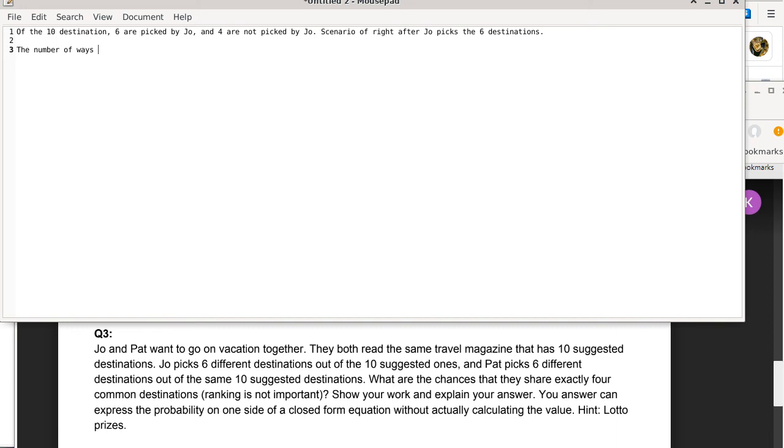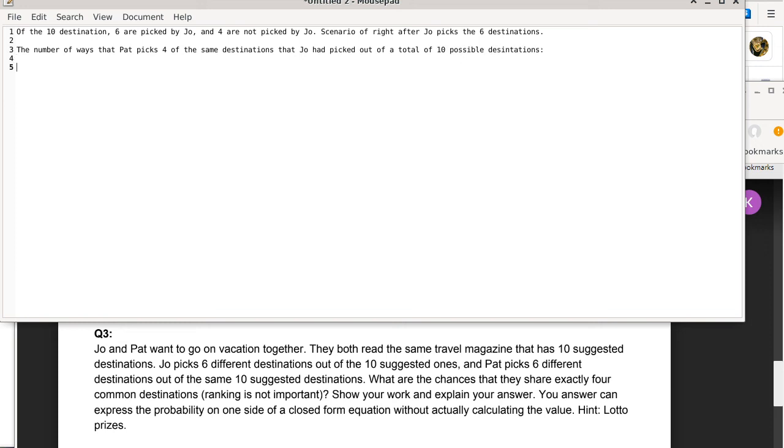The number of ways that Pat picks 4 of the same destinations that Joe had picked, out of a total of 10 possible destinations, is going to look like this.